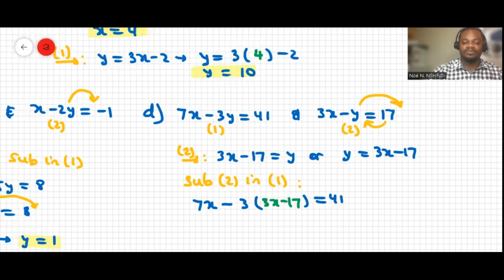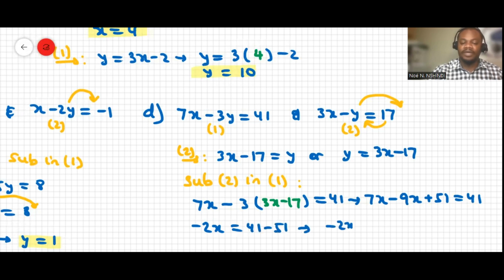Now this will be 7x minus 9x plus 51 equal 41. And then 7x minus 9x is negative 2x equal to 41 minus 51. That means negative 2x equal to negative 10. When we divide both sides by negative 2, we get x is equal to 5.